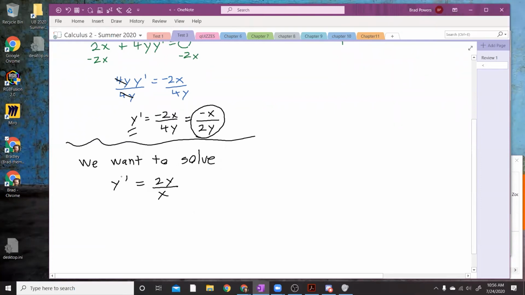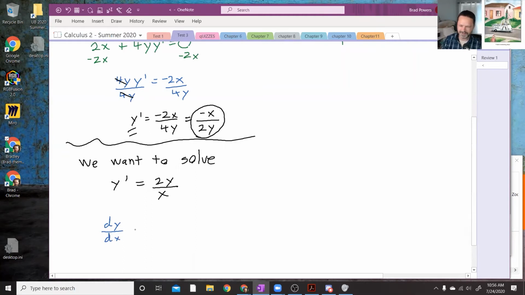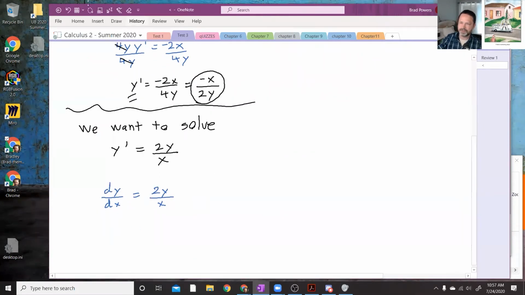Yeah, I remember now. I know how to do it now. You can move on to the next one. We just have to do the integration now. Yeah, exactly. It's like, okay, dy dx equals 2y over x, and we do our separation.